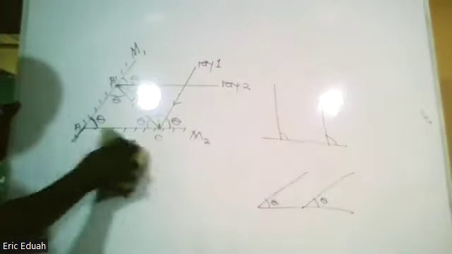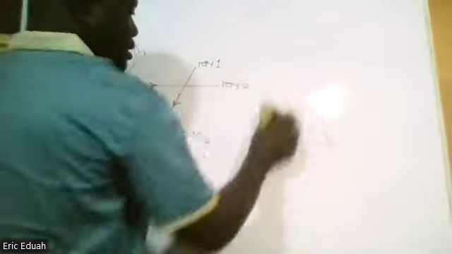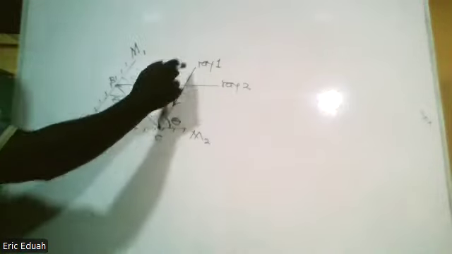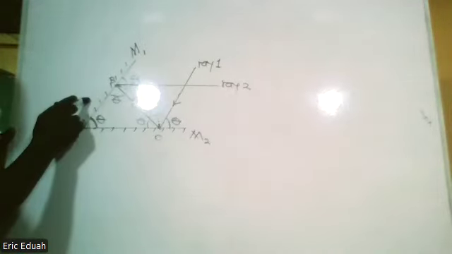So the idea is that we are told that ray 1 is parallel to mirror 1. Please, when you come in, mute yourself. When two lines are parallel, they have the same slope.